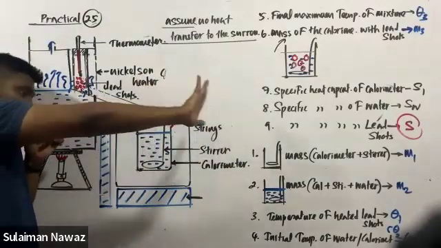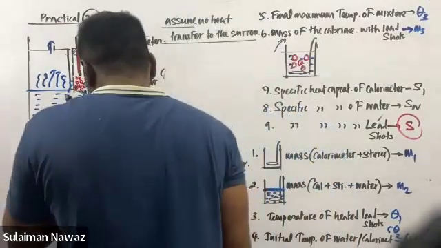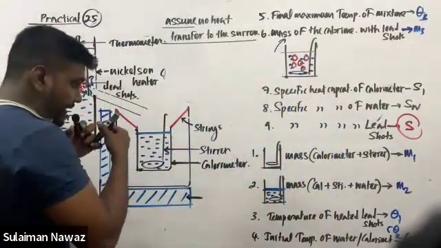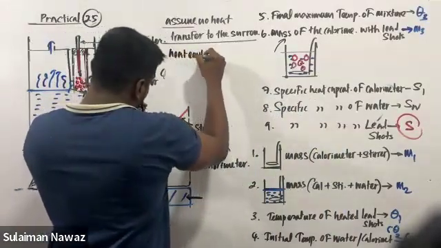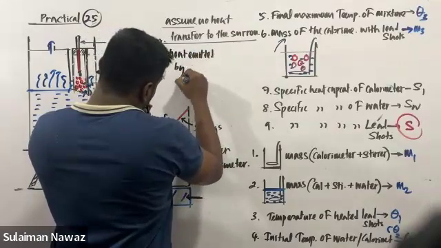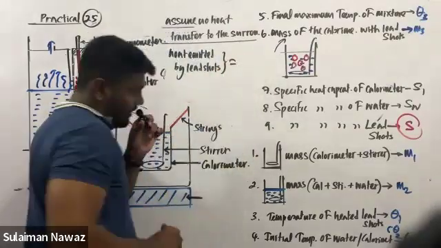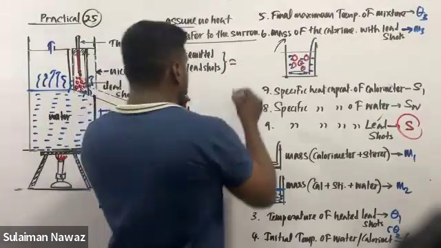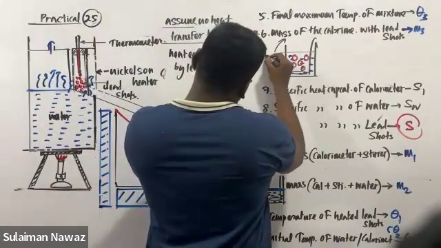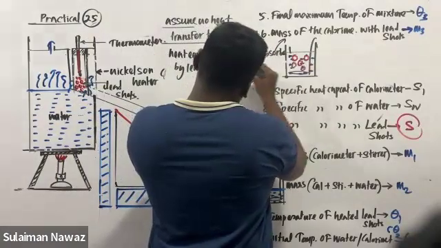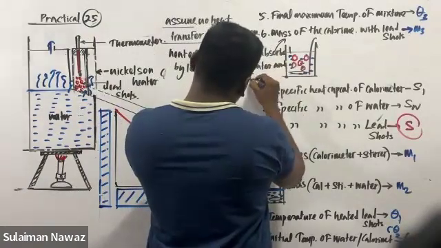The heat emitted by the lead shots must be equal to the heat absorbed by the calorimeter and water. So we can write: heat emitted by lead shots must be equal to heat absorbed by water and calorimeter.